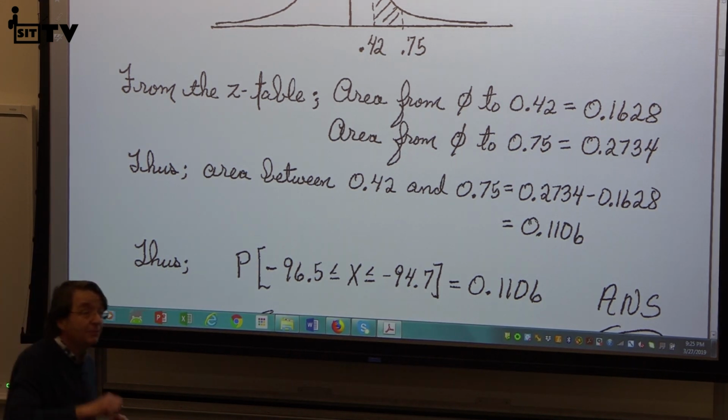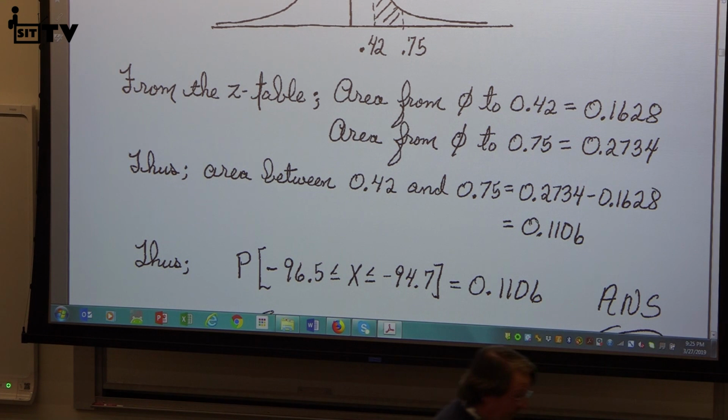Okay. Yes, Magdalena. For these, do you not want us to use the third decimal place in the Z table, or just round it to 2 decimal places? Does the Z table have a third decimal place? Yeah, it's just not the first column. So you can go to the 0.41 and then go to the 0.005. No, Magdalena, you could be right.